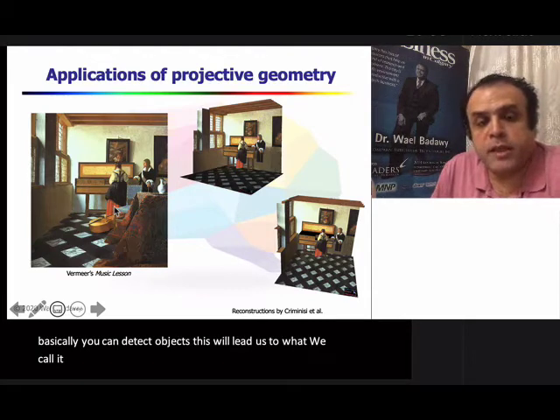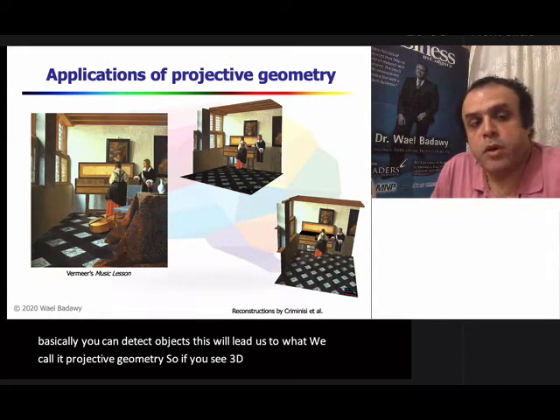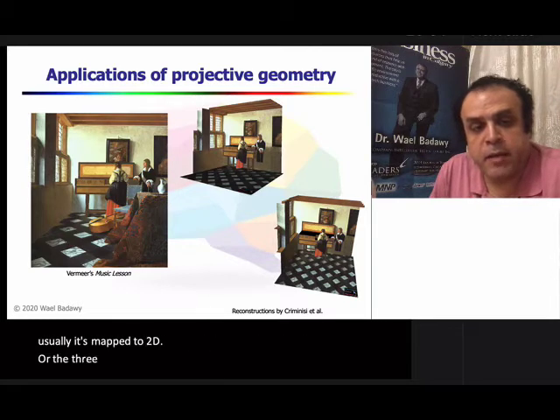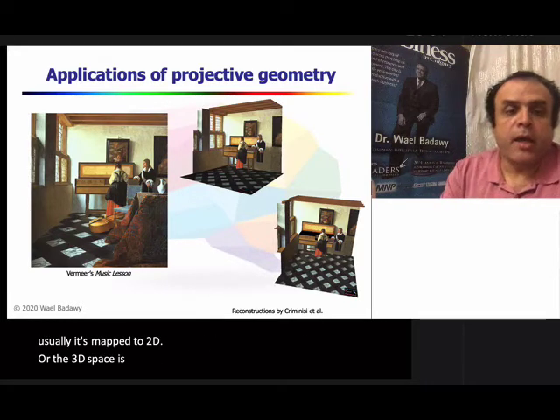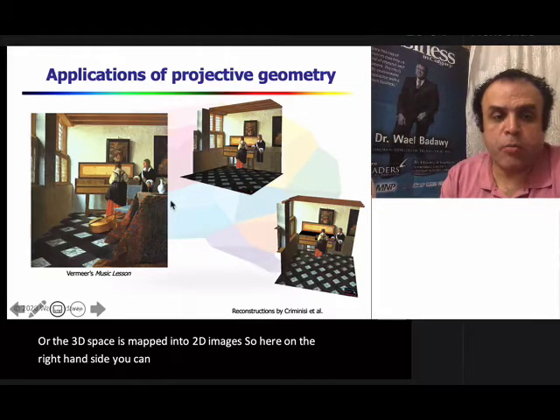So if you see a 3D view, usually it's mapped to 2D, or the 3D space is mapped into 2D images. Here on the right hand side, you can see the music room.